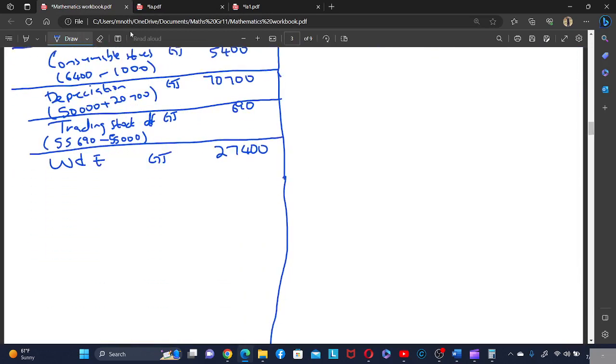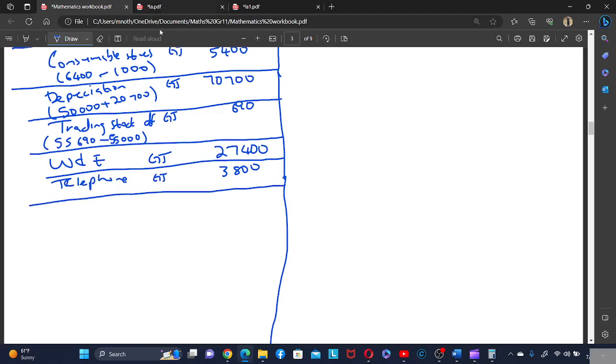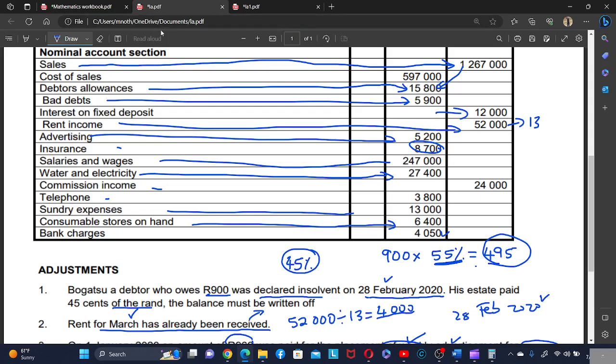This is a telephone, that is 3.8. What else is not recorded? Sundry expense is recorded in the consumables. So we have recorded everything.